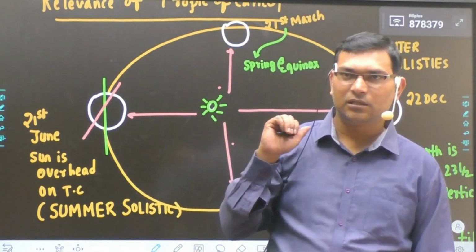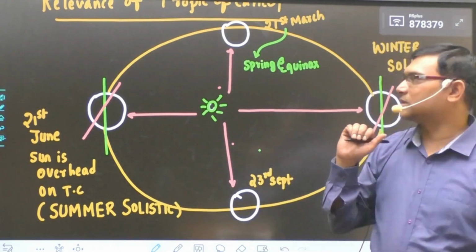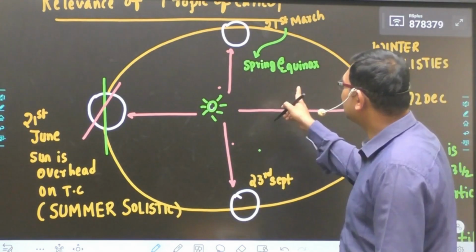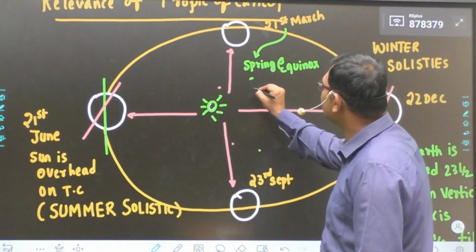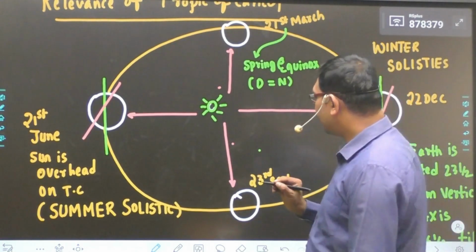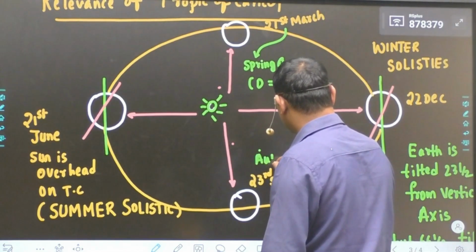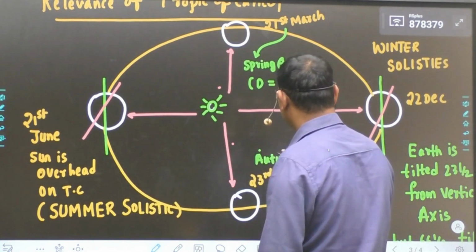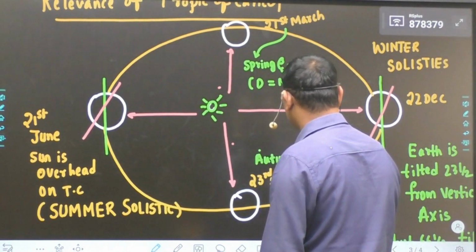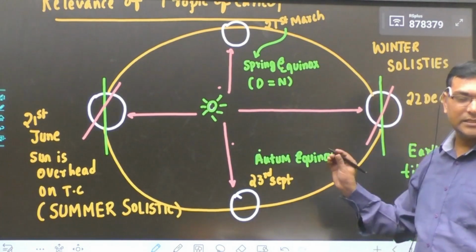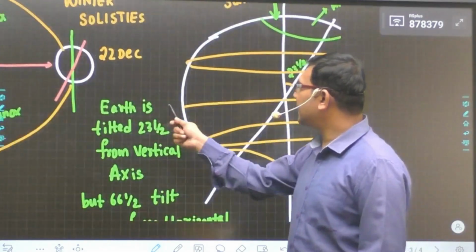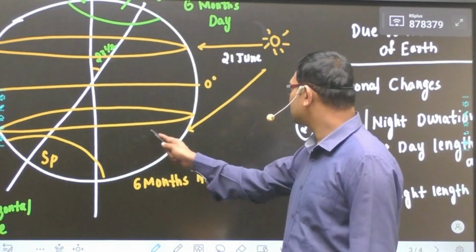Just roughly from India's perspective, this is a spring equinox. Spring equinox means day is equal to night. And here it is autumn equinox, that is your 23rd December. Just write there: day and nights are equal at the equinox.